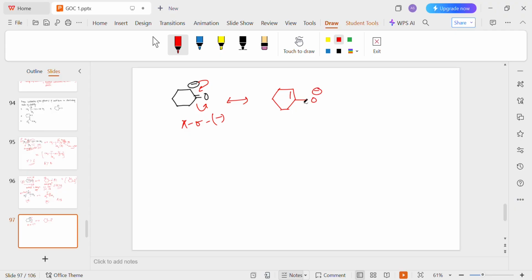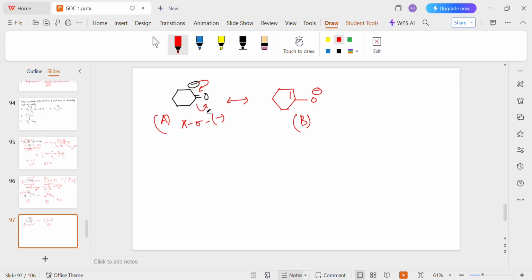And yes, this is the second contributor of this structure, and that's it. When this negative charge comes here, this pi electron will shift back to its initial position. Okay, if this is structure A and this is structure B, let us see which is a more stable contributor out of these two.